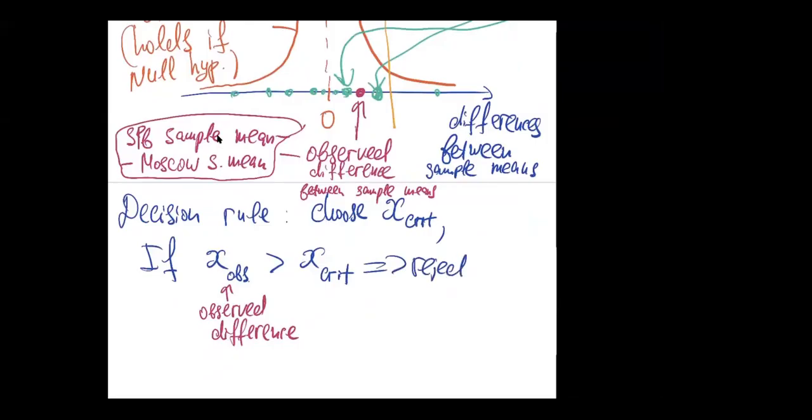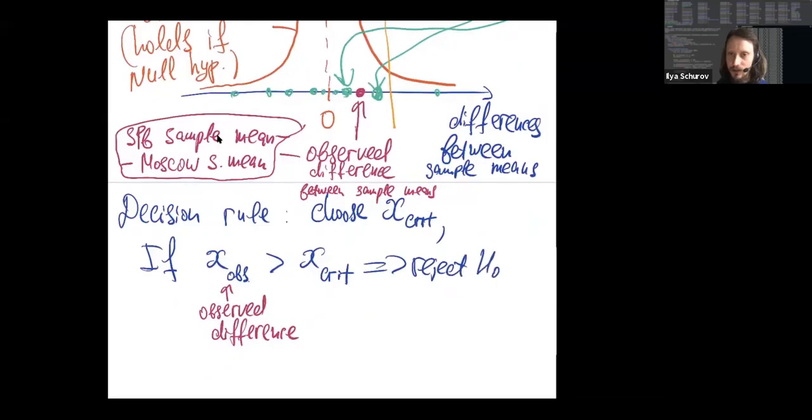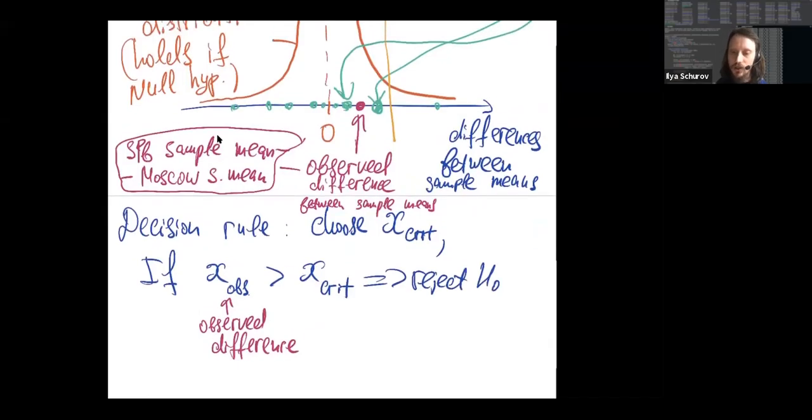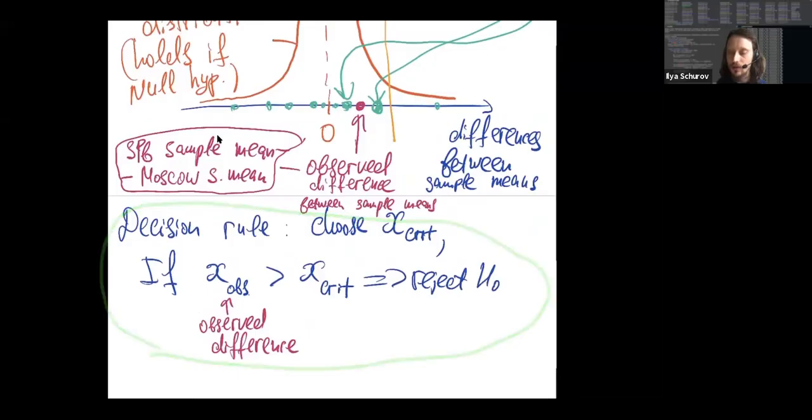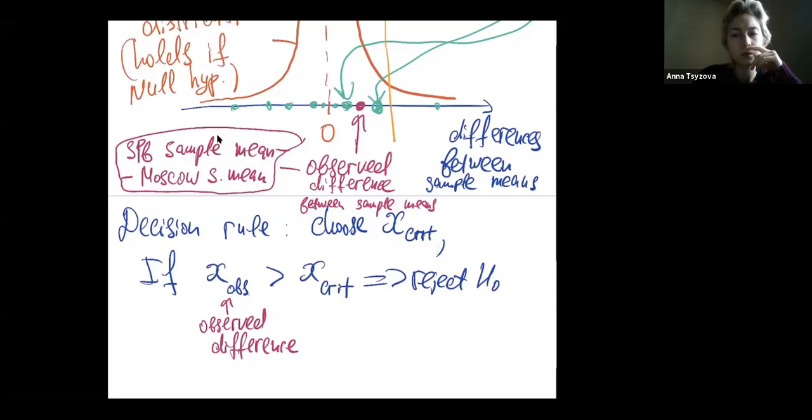But how to find this? That's a good question, but this is the next question. Now I just describe how my decision rule will work in principle. Then we will choose a particular x critical that will have good properties.